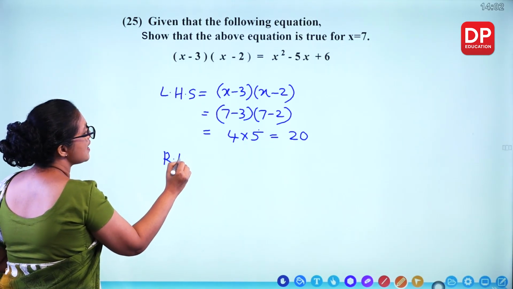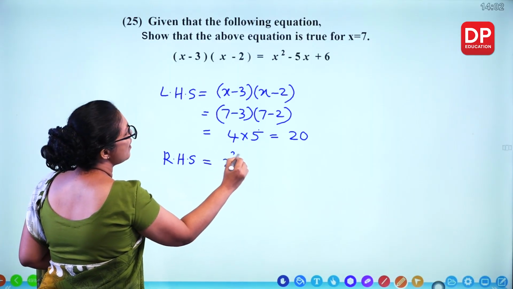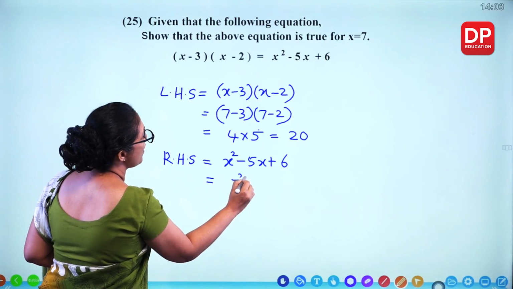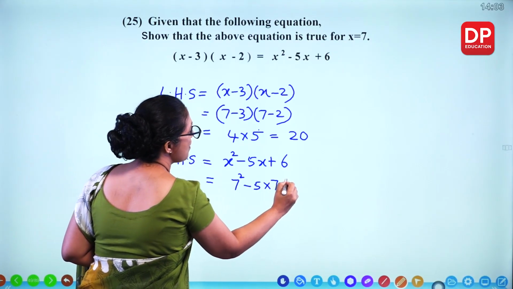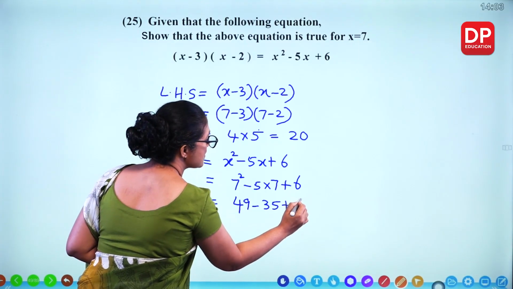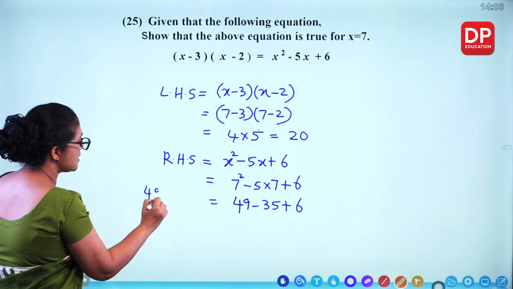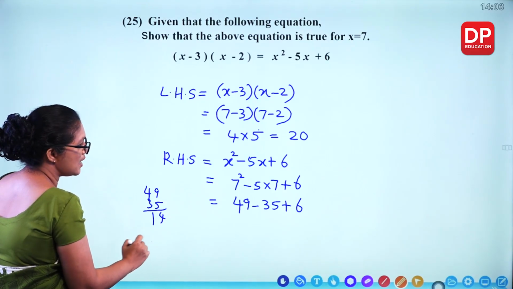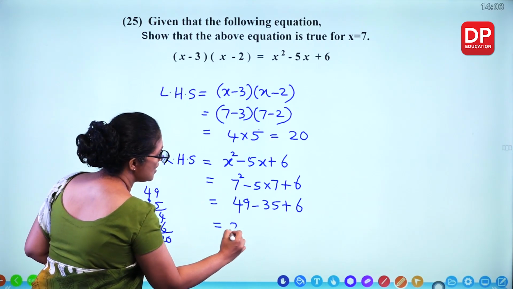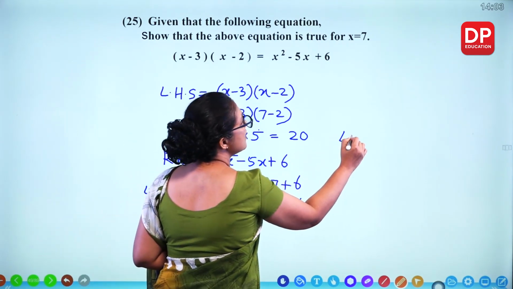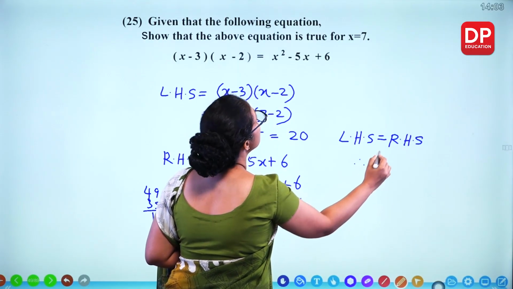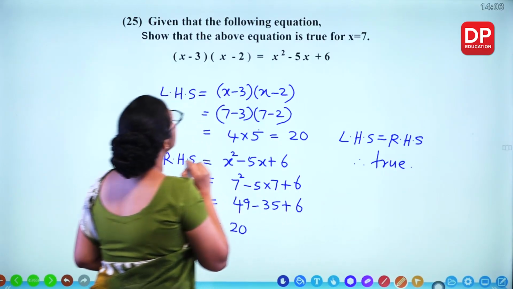Now we'll take right hand side and substitute. x squared minus 5x plus 6. 7 squared minus 5 times 7 plus 6. 49 minus 35 plus 6. 49 minus 35, you get 14. 14 plus 6, that's 20. So left hand side is equal to right hand side. Therefore, this statement is true.